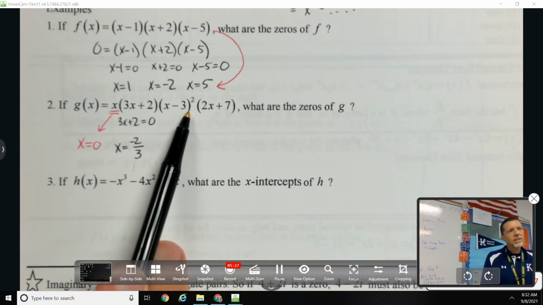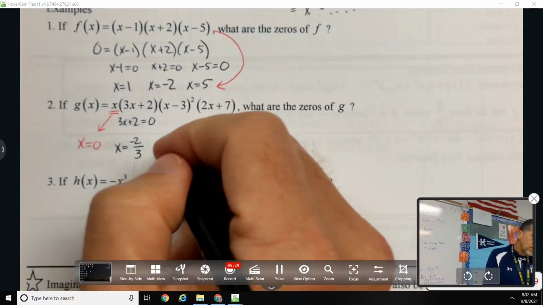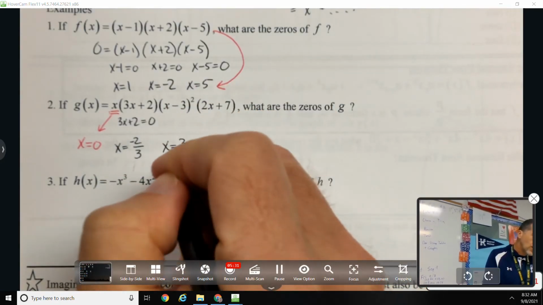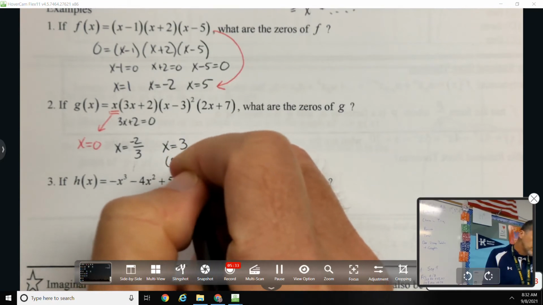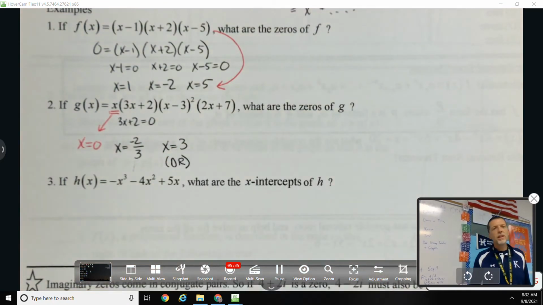What's going on here? It's a double root. So it is x equals 3. And you don't have to label it a double root. Is there a way you can label it without writing double root? Would a squared on it work? Like in parentheses maybe? Yeah, because then it would look like 3 squared.